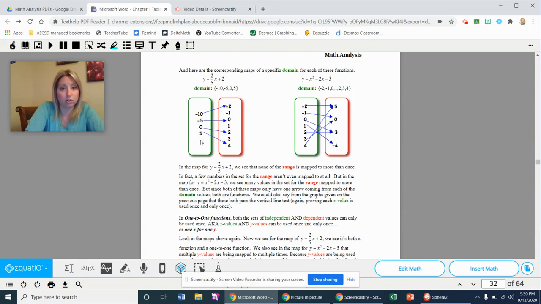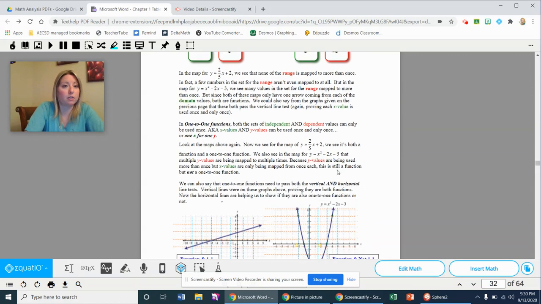Okay, so I'm just using some examples from these functions. You can see in this case, Y values are repeated. And so since there's Y values repeated, this guy's not one to one. One to one, not one to one. It really is that simple.